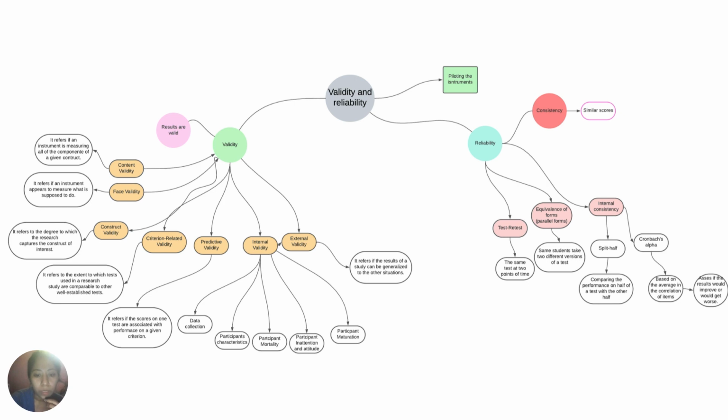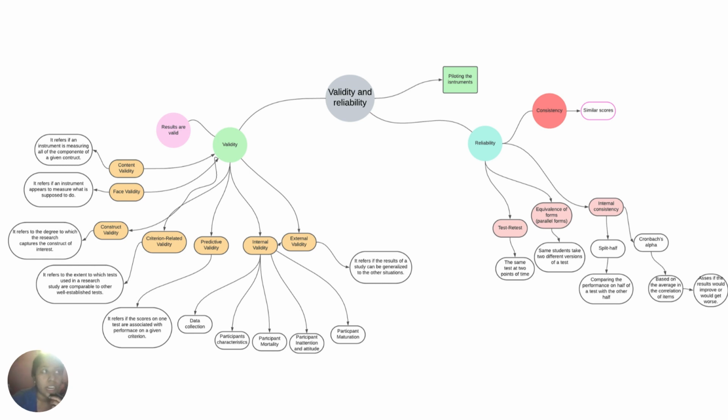And participant maturation refers to if we are going to use child participants. If we apply the instrument at a certain point, and after a period we apply that test or survey again, maybe the participants, in this case the children, behave in a different way.